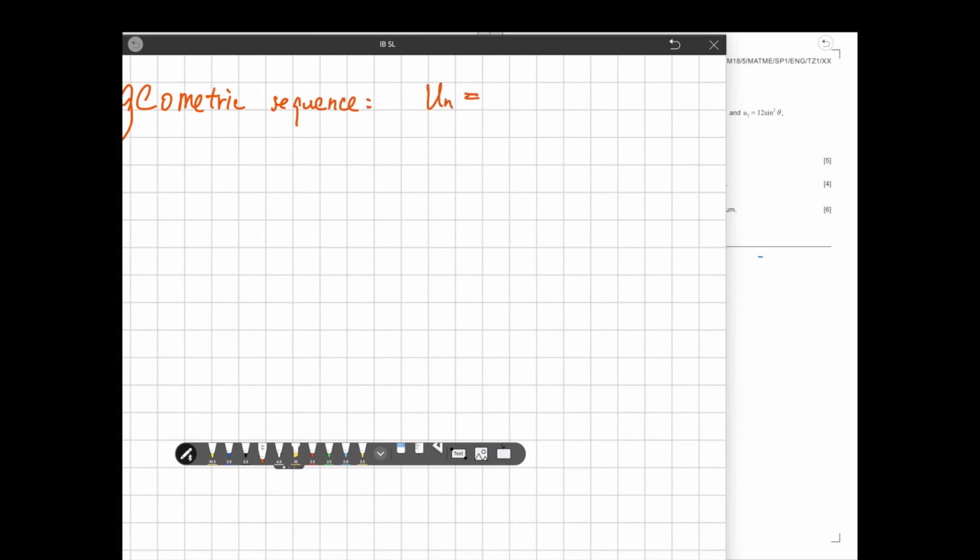So that is Un is equal to U1 times R to the n minus 1. So U is the term, n is the number of terms. So for U2, which is U1 times R to the 2 minus 1, that is U1 times R, right? So we can find R, that is equal to U2 over U1, right?